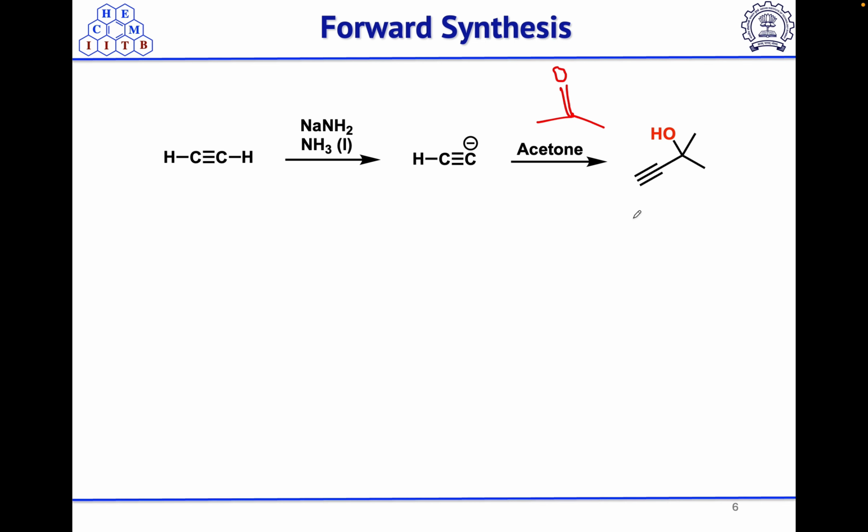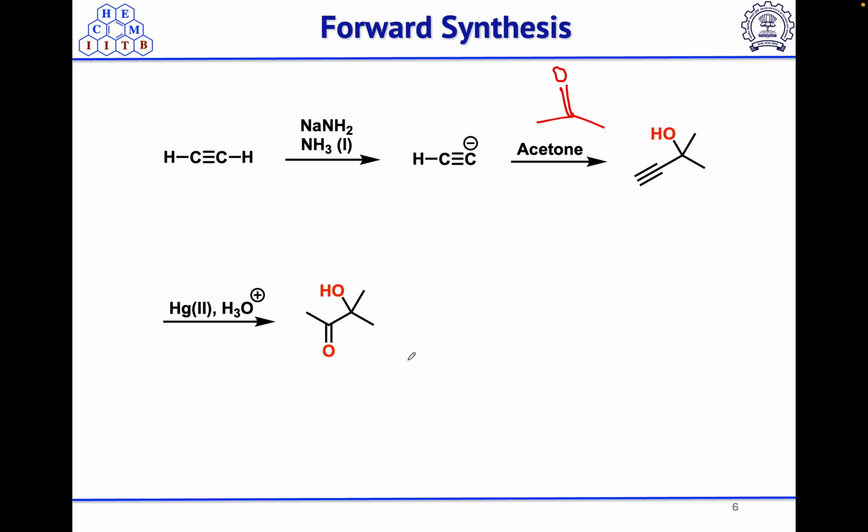There is a name reaction known as oxymercuration-demercuration of alkynes. Basically, mercury, Hg2 plus, with mercuric acetate you have to use, and then sodium borohydride. So you'll get this oxymercuration-demercuration product. First oxymercuration onto this alkyne, followed by demercuration using sodium borohydride.